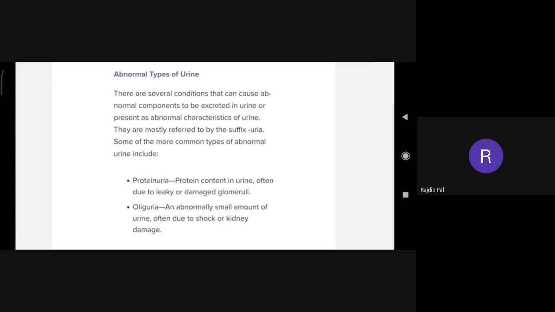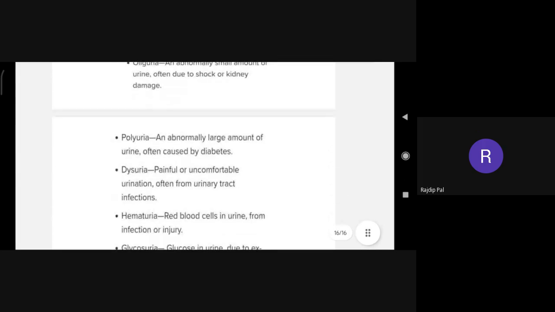Like that only, an abnormally small amount of urine, often due to shock or kidney damage, this terminology is known as oliguria. Olig plus uria, oliguria.